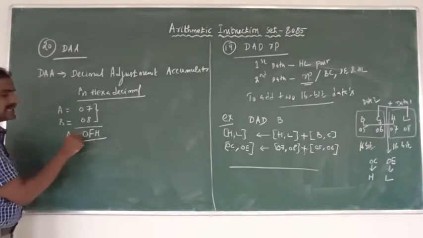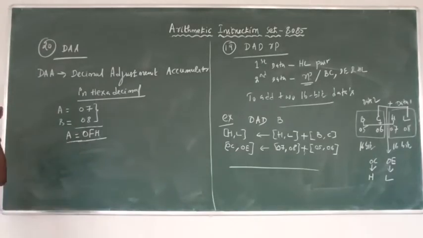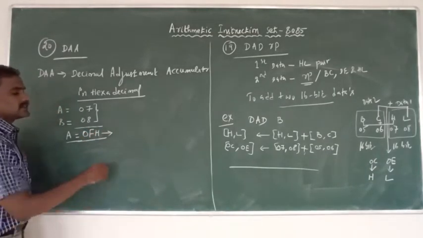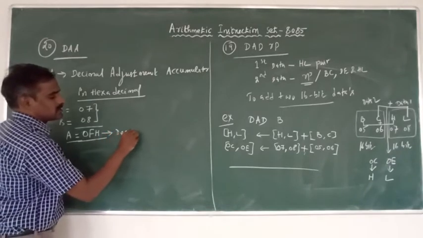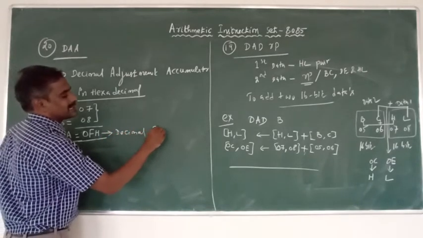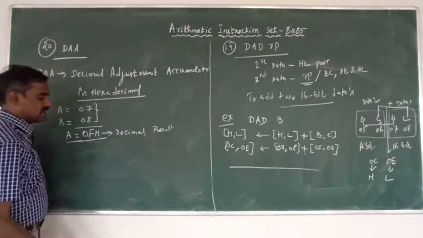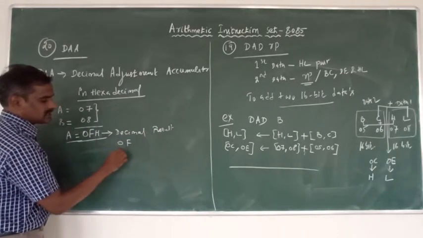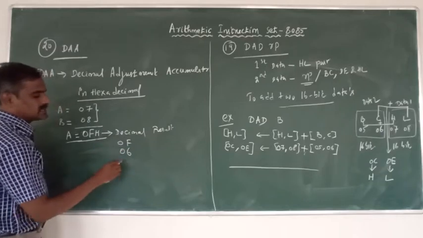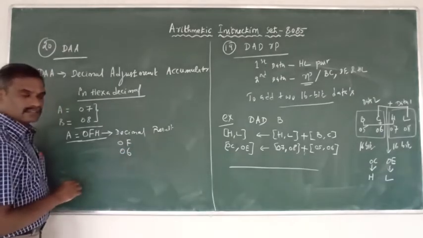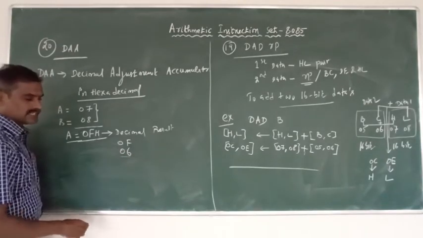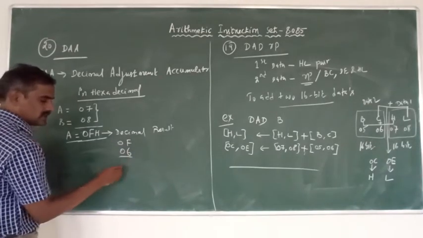To adjust the accumulator content means the hexadecimal result will be converted into decimal result. Now 0F we can add with 06. Why? Because we have to change into BCD format. For that we can add 06.